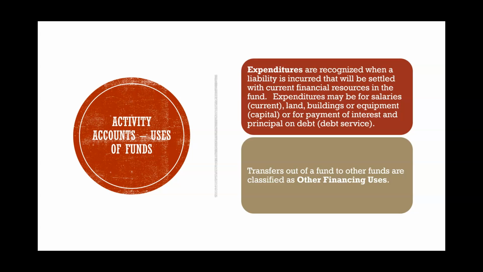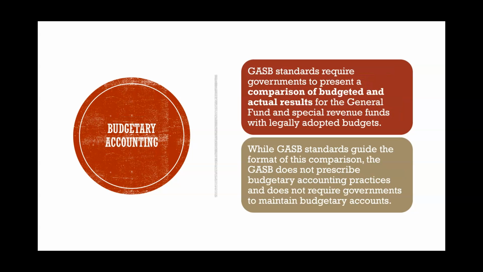So those current financial resources, we're inside the fund type that is using the modified accrual accounting, which uses the current resources focus. So it makes sense that expenditures are paid with current resources. So current salaries, land or buildings, payment of interest on principal or debt for debt services, things like that. Transfers out of a fund to other funds, we classify those as other financing uses.